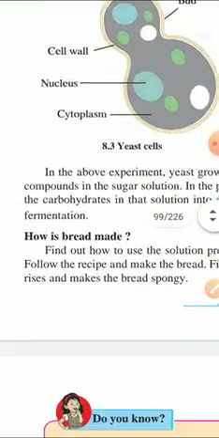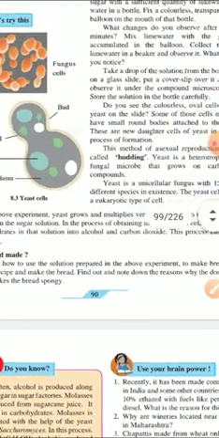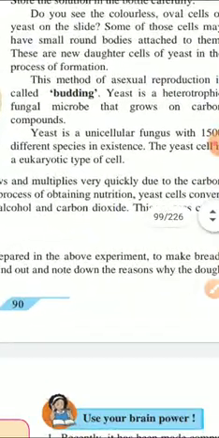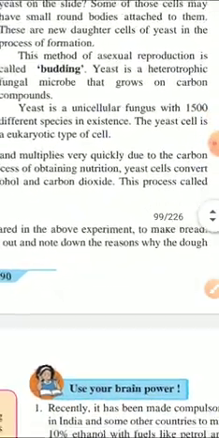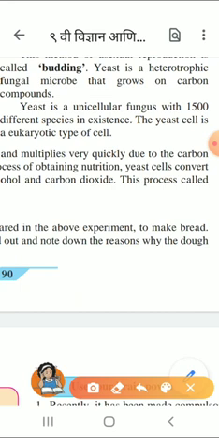Like bacteria, you have seen that so many types of bacteria are there; some are harmful, some are useful to us. In the same way, yeast also has nearly 1500 species.